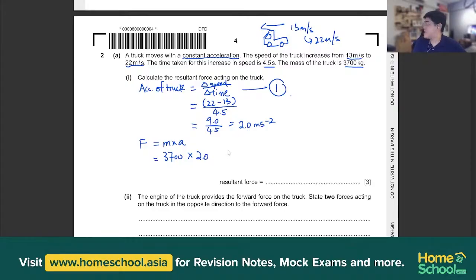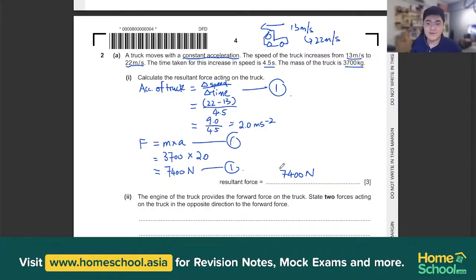By doing that, you'll get, doing the calculations, 3 times 2 equals 6, 7 times 2, 14, so you get 7,400 newtons. Okay, so we have our resultant force as 7,400 newtons. Do remember to write down the units. This is very important. Not writing this down won't get you a mark. Okay, 1 mark here, do remember, and 1 mark here. All right, fantastic. Everybody clear so far?